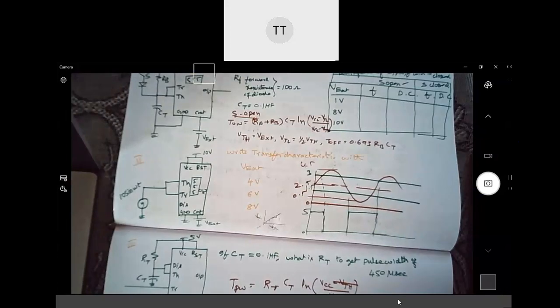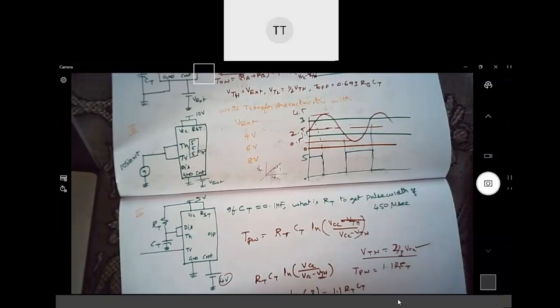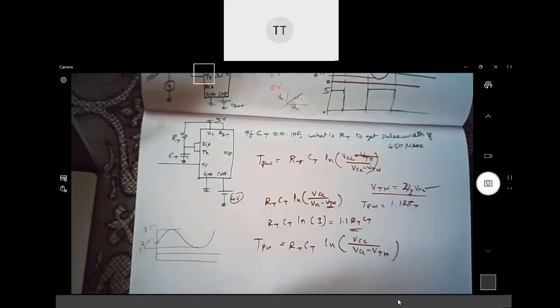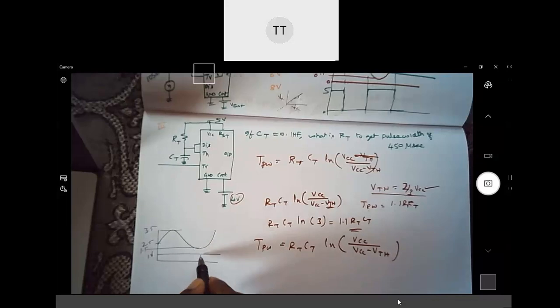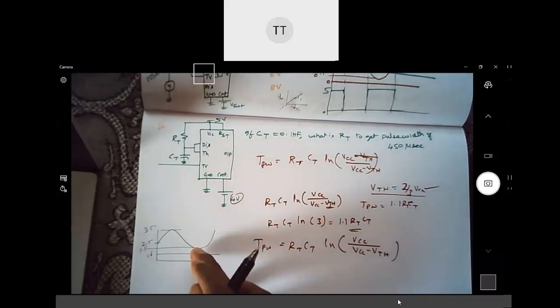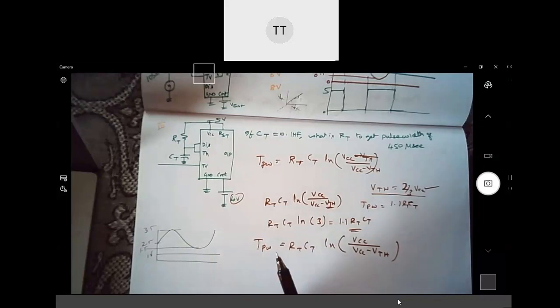Yes, VTL is 1. It is not coming below VTL. So this is 2.5, this is going up to 3.5, and this is going down up to 1.5. Your VTL is here, this is 1 volt. Since it is not going below VTL, can the output go to high? No, sir.